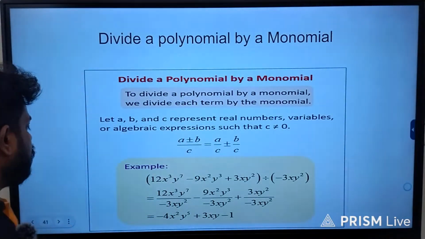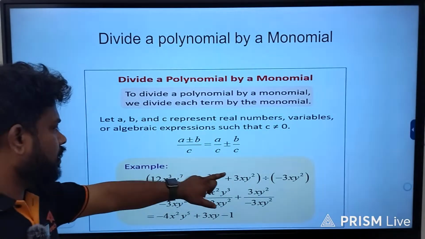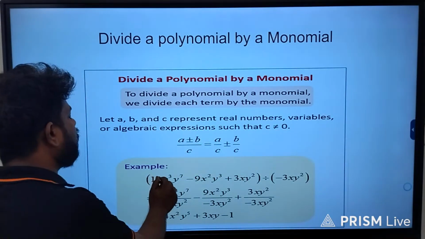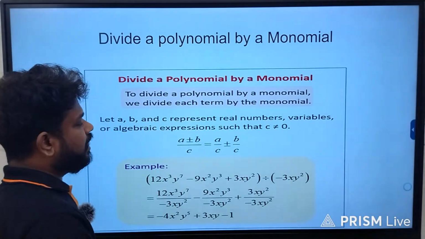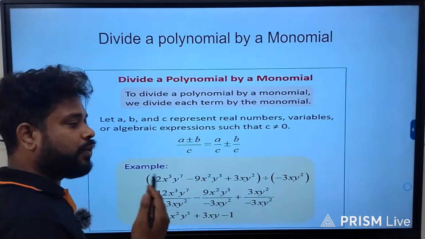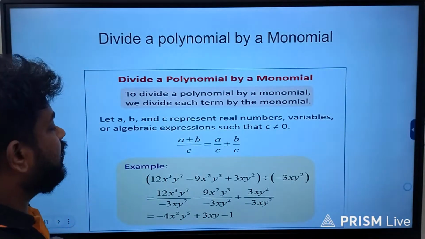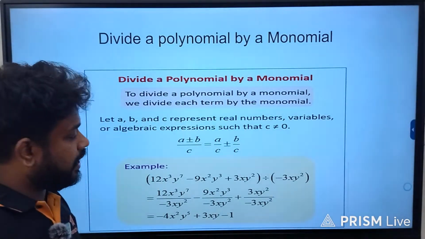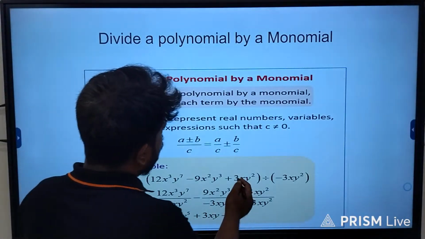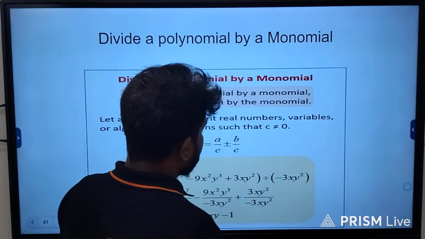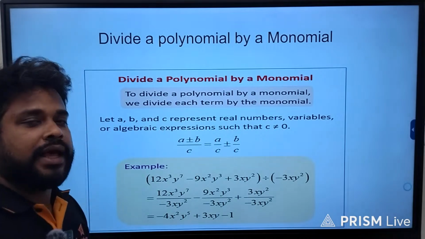So for this we have to divide 12x cube y to the power 7 by minus 3xy square. After that we divide 9x square y cube by minus 3xy square, and also plus 3xy square by minus 3xy square.